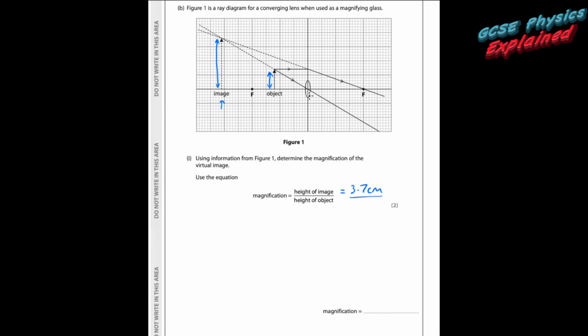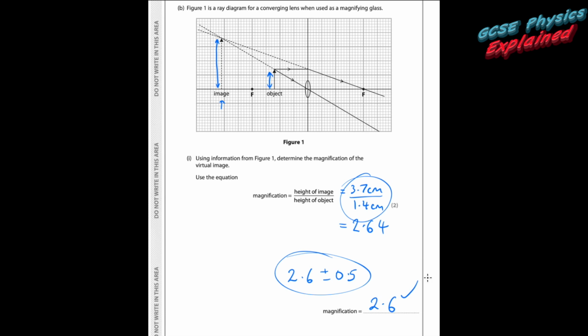On my computer screen, it's 1.4 centimeters, and that comes out as 2.64. And they said the answer should be 2.6 plus or minus 0.5. So as long as you got that answer, even if these measurements were different, because I'm working on a computer screen, then you've got it correct.